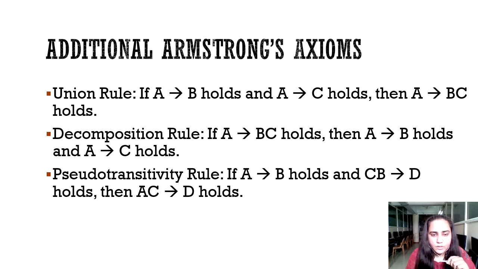We're going to prove these rules one by one using the fundamental rules, because like I said, these are additional rules and they can all be proved by using the fundamental rules which we saw earlier, which are reflexivity, augmentation, and transitivity.